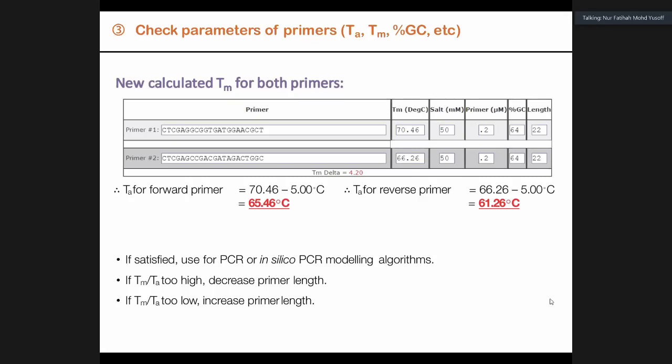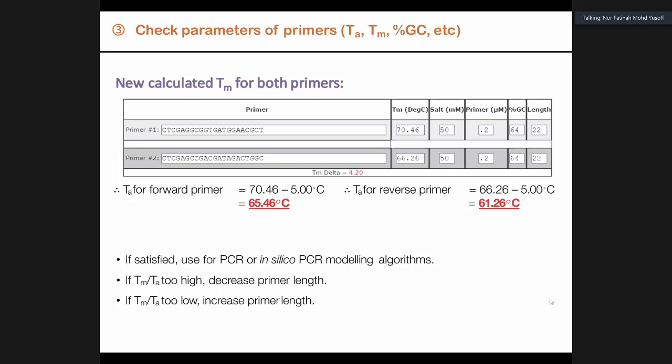So basically, I would say there is no optimum length for a normal PCR product. It depends on the Taq polymerase that you use. Usually, the common Taq polymerase can go up to 5 kb, so the amplicon or PCR product can go up to 5 kilobase pairs.